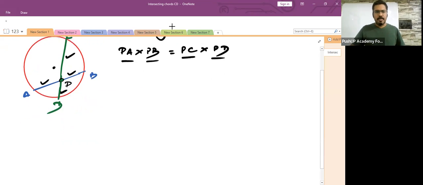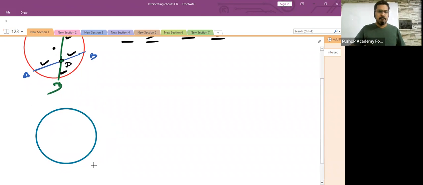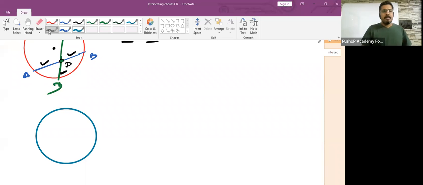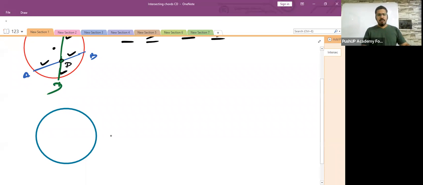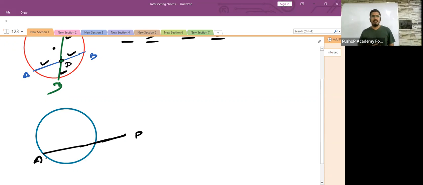Children, the next result. Imagine you have a circle like this. Now, let me take a point P outside the circle, and from that point P, I am drawing a line segment PA.